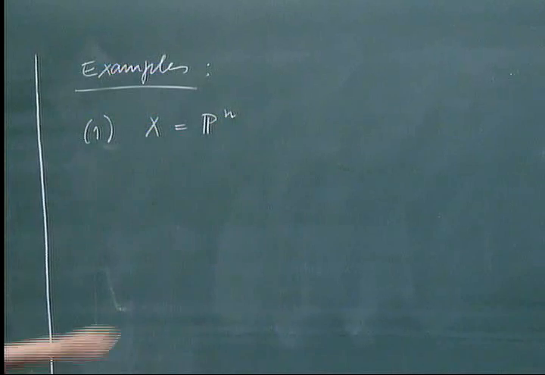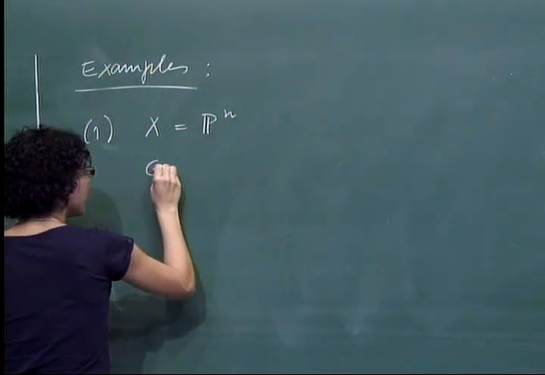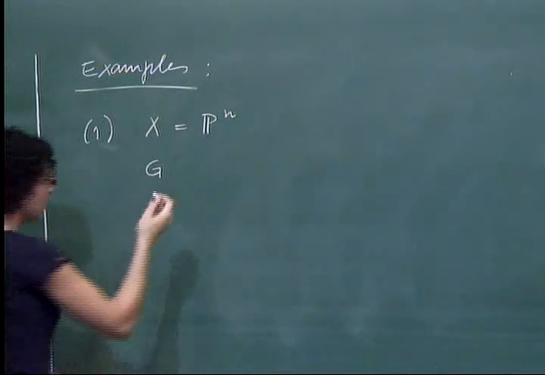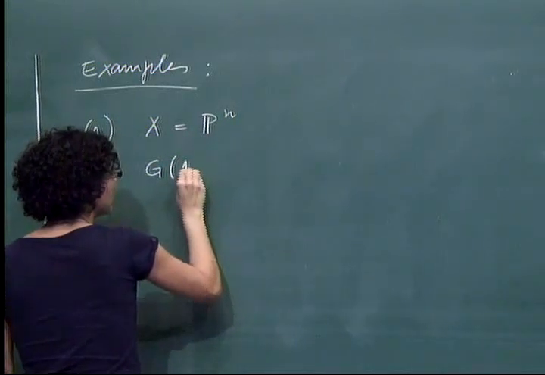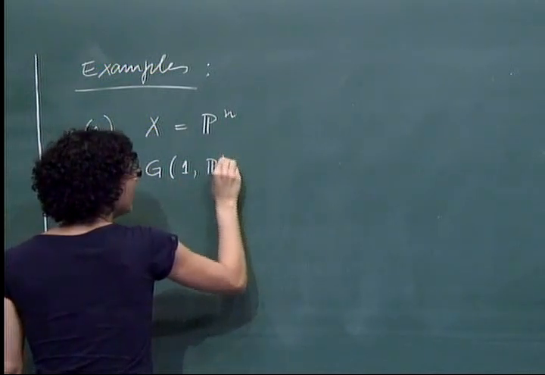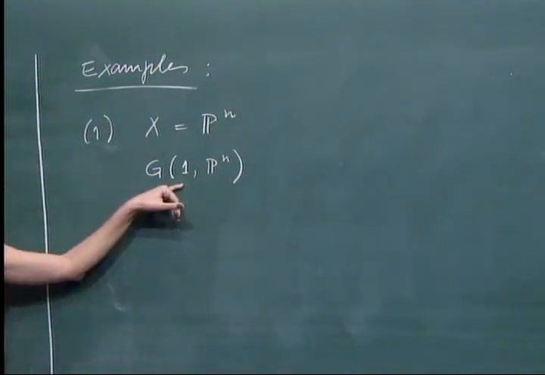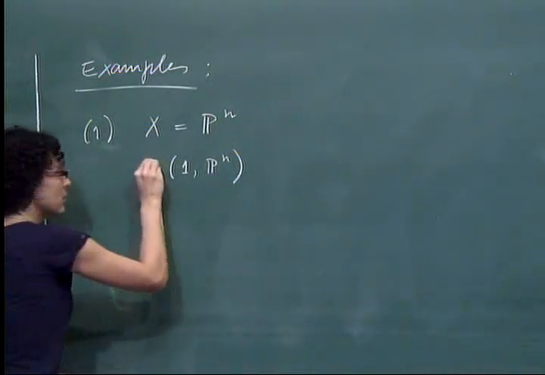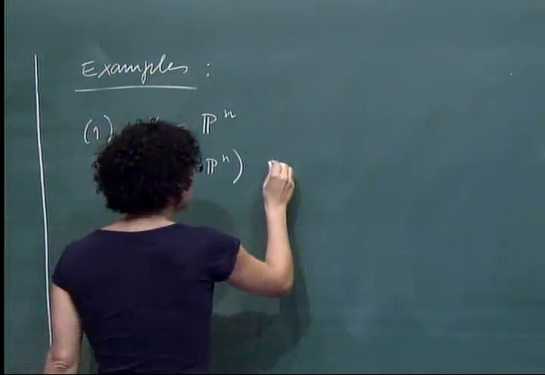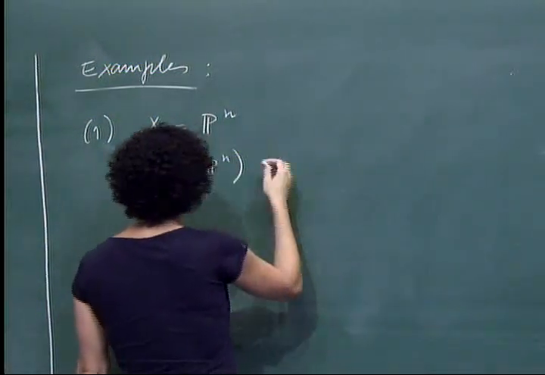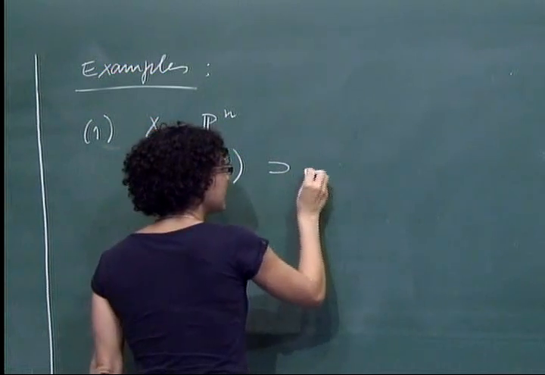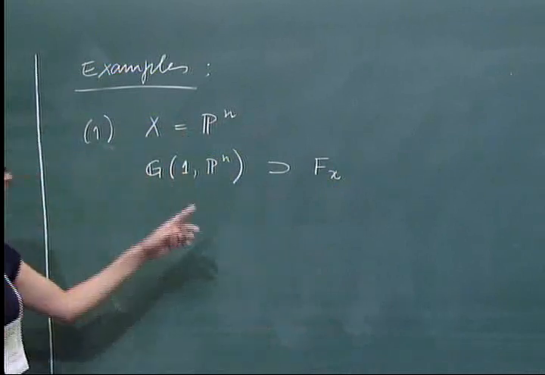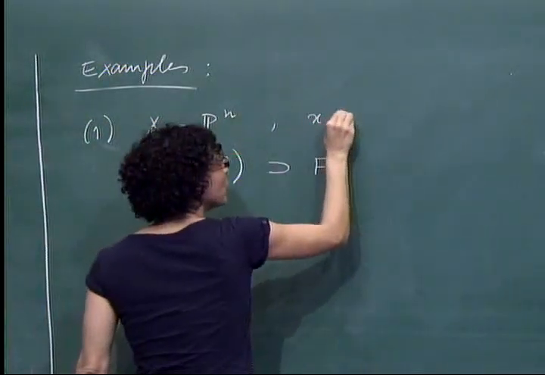In this case, we have a very well understood space that parameterizes rational curves on P^n, in the sense of the minimal degree one. So these are the lines in P^n. The lines on P^n are parameterized by a variety which is, we all know, the Grassmannian. This is also called the Fano variety of lines on P^n.